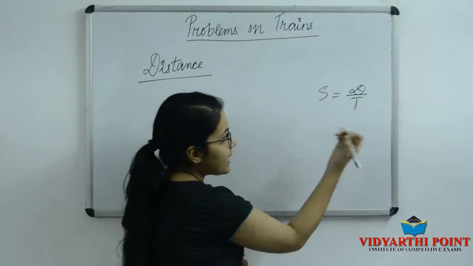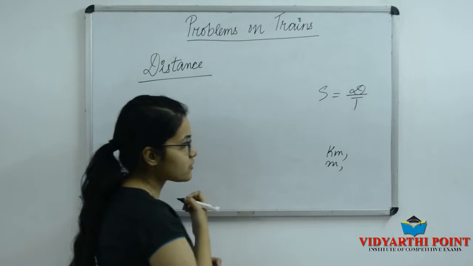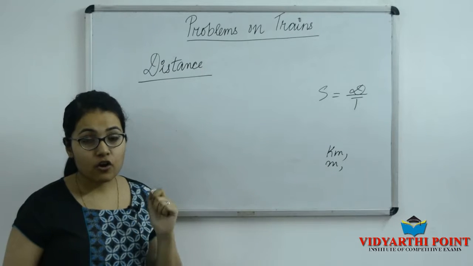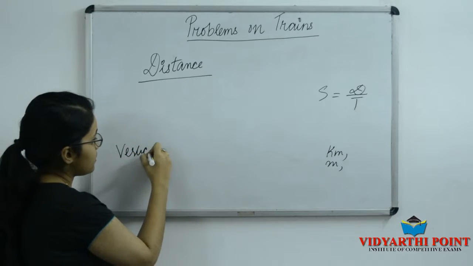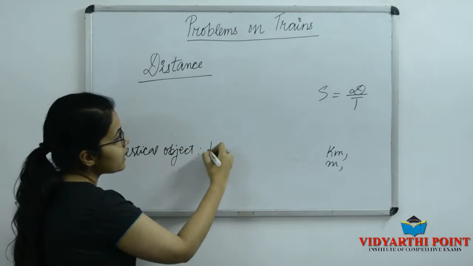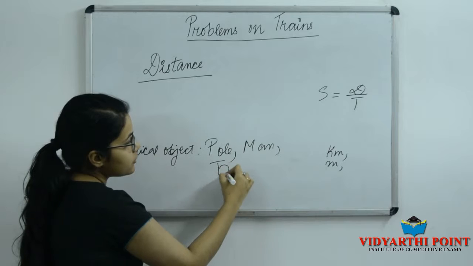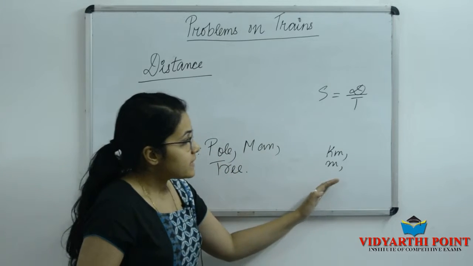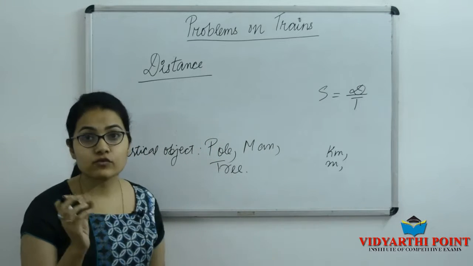It may be any length, in kilometer, meter, etc. Now if a train crosses any vertical object, which will be a pole, man, tree, then in this case length will not be added. Why? Because in this case the length will be 0.